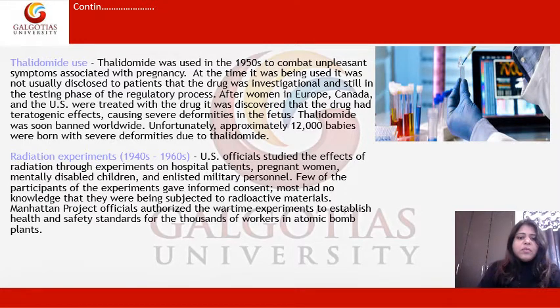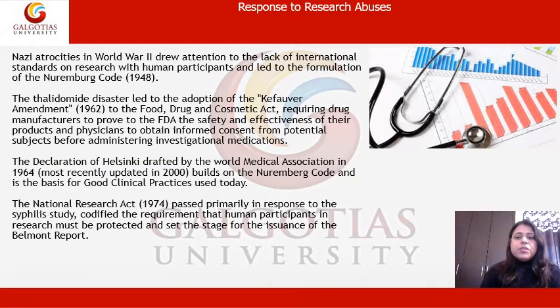Most had no knowledge that they were being subjected to radioactive elements. The project was officially authorized to establish health and safety standards for the thousands of workers in atomic plants.